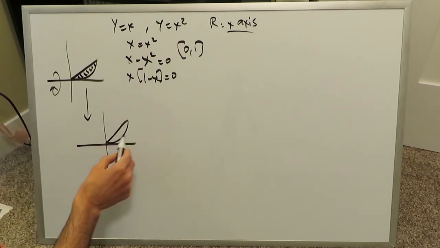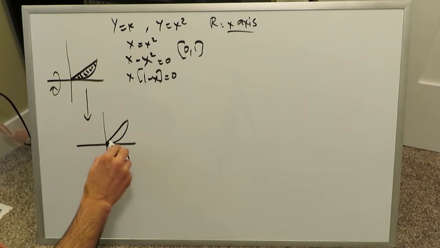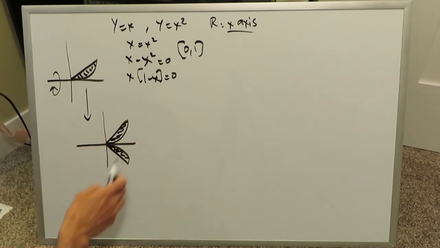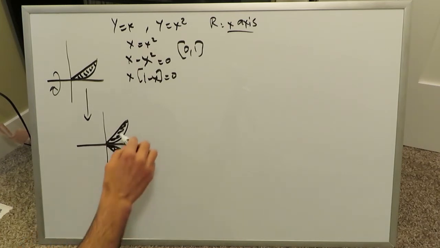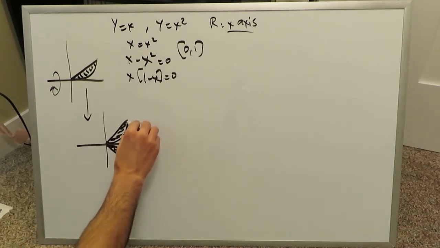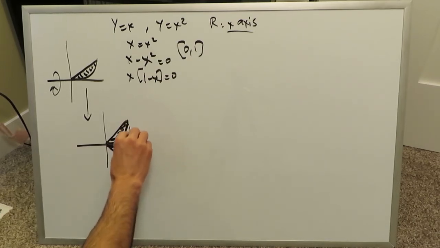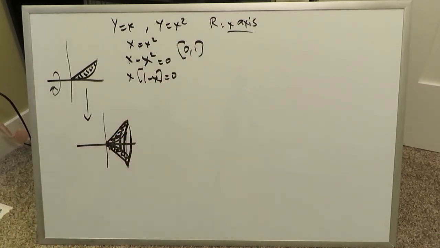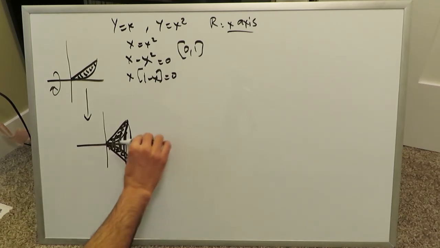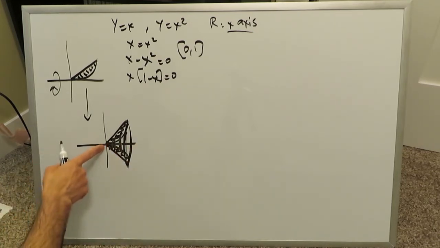Here's my x, here's my x squared, here's my x, and here's my x squared, but in the mirror image. We're looking at the area between these two curves, but then we take it through the rotational movement. It brings a volume into the picture, and we have a solid which will look something like this. It has that type of appearance with the inner part being empty but closed at the end.